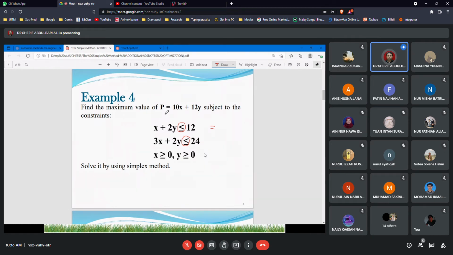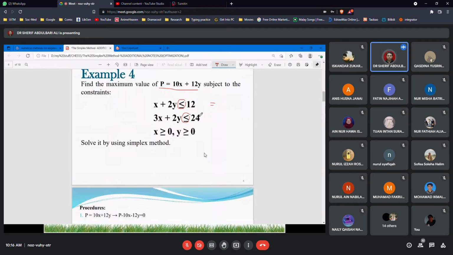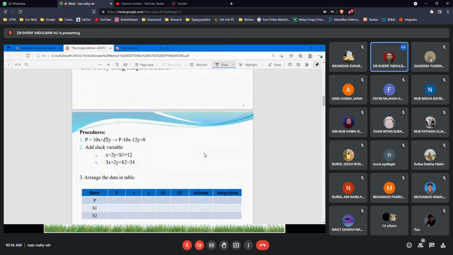So let's make this a system of equations. The objective function to be maximized, P equals 10x plus 12y, we convert to P minus 10x minus 12y equals 0.